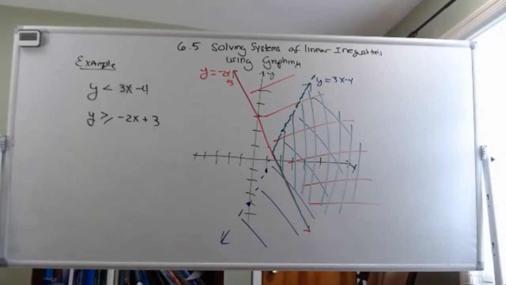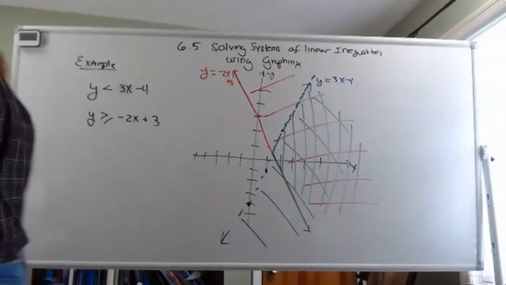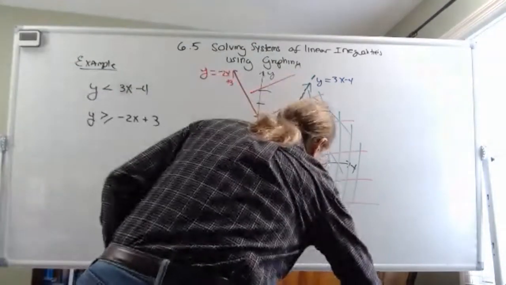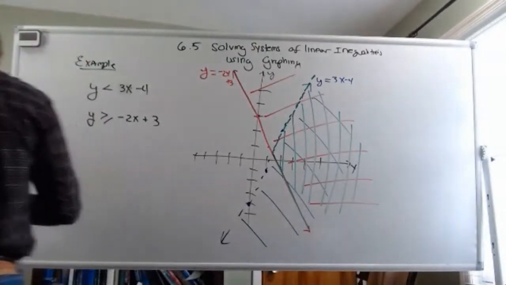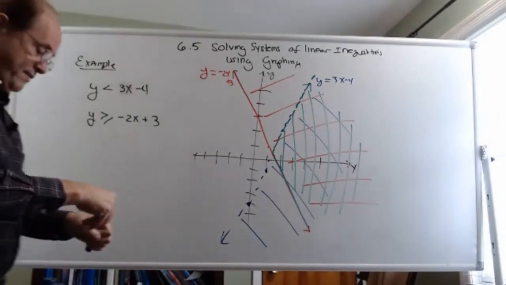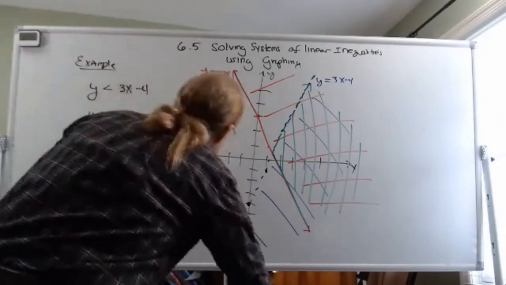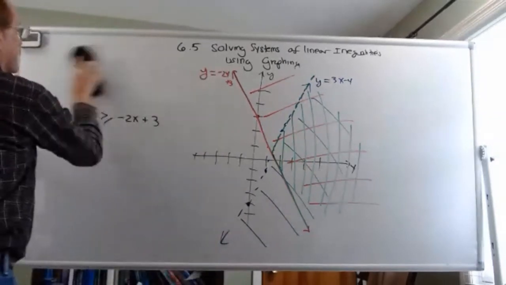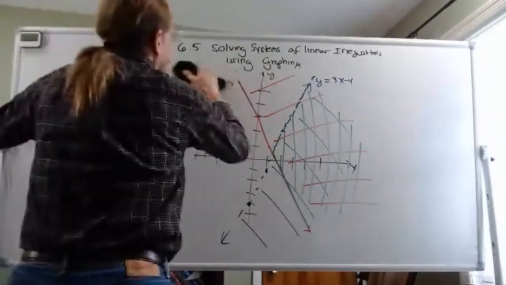Now, sometimes there's also two more equations. Let me show you an example of that after I fill up my marker here. So now let's take a look at this example.